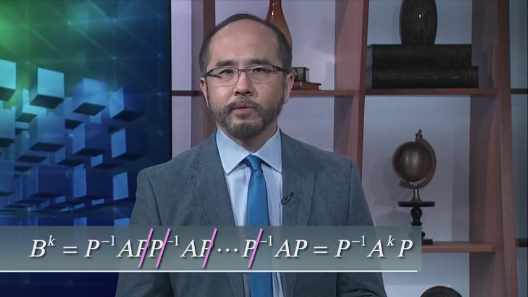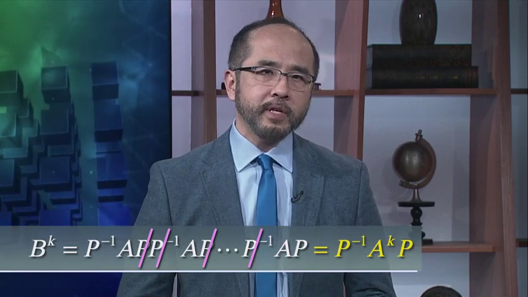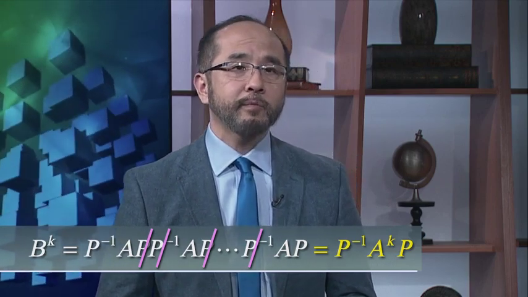If B equals P inverse A P, remember that means A and B are similar, then when you take the kth matrix power of B, it's very easy to see how it's related to the kth power of A. If you take B and multiply it many times like this, then the P and the P inverses pair up and cancel. So B to the k is just P inverse times A to the k times P.